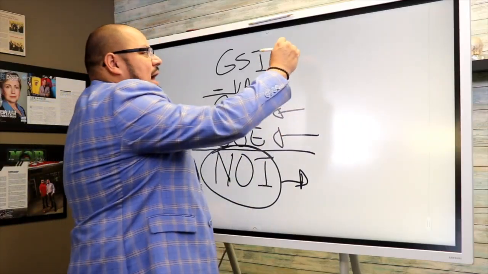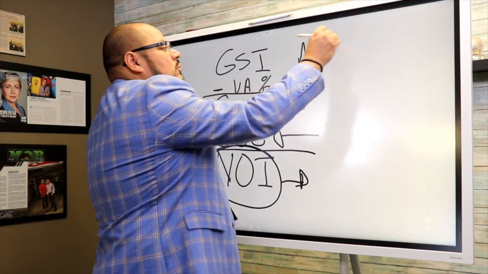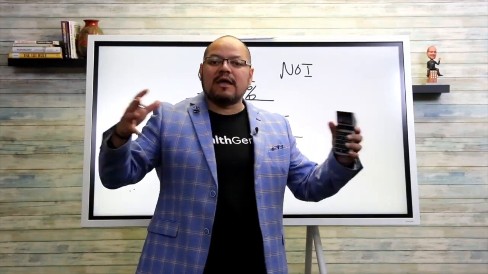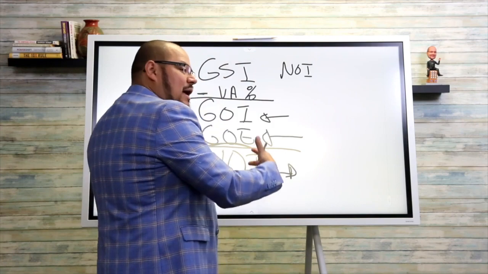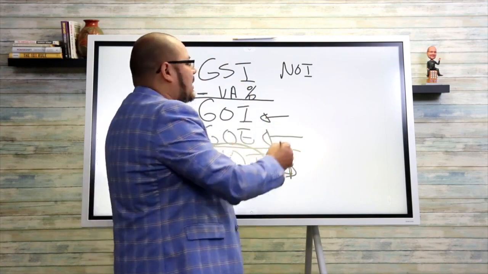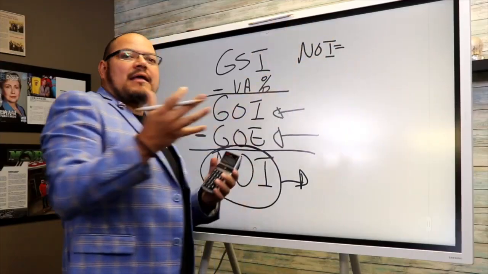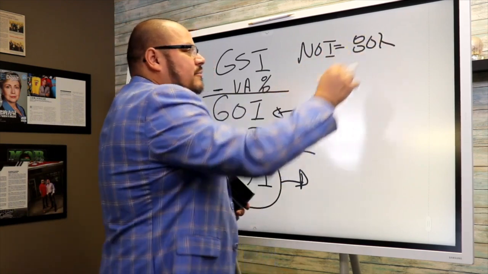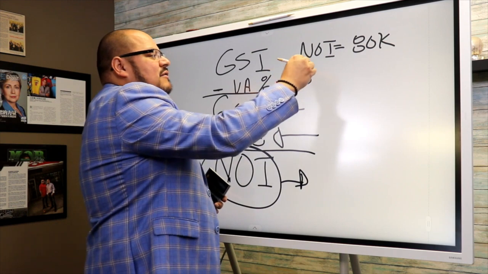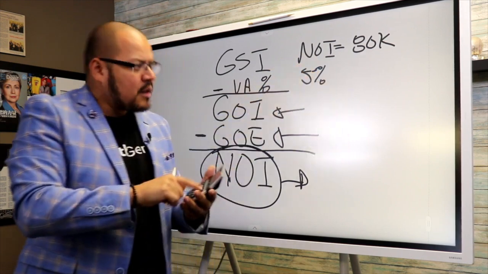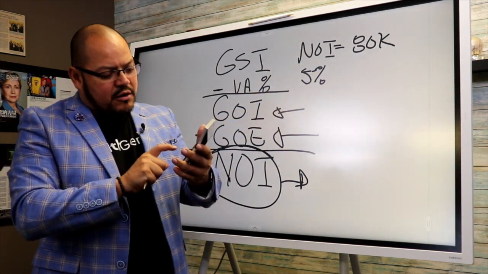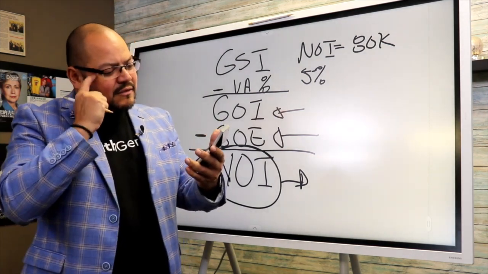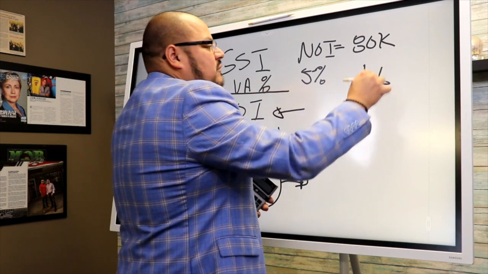To calculate the value of the property, we want to annualize the return, so you're going to annualize the net operating income. Let's say it's about $80,000 a year in a market that's a 5 cap. So $80,000 a year, and we want to divide it by 5%. That means this property here is worth $1.6 million.